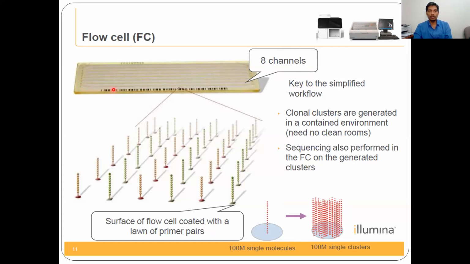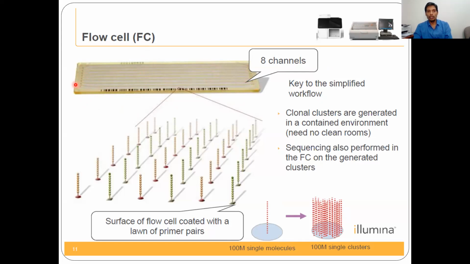You can see one here, the columns, each column is a channel. And here the small holes are there, and here other holes. Each column or each channel is individual, not related to each other.